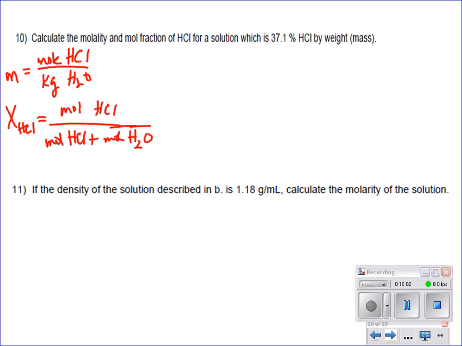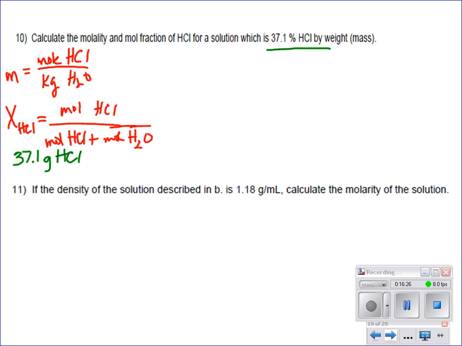Okay, so which one do you want to do first? Well, actually, let's take a look at the information they gave us. They told us that it's 37.1% HCl by weight. What two pieces of information can we get from that? Let's pretend 100 grams. So we have 37.1 what? Grams of HCl compared to 100 grams of water?